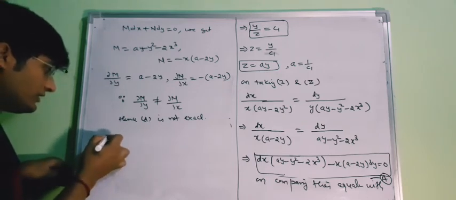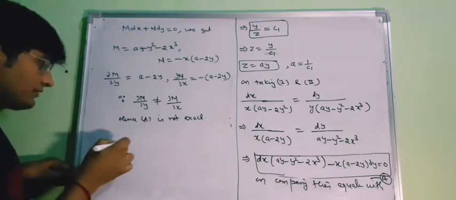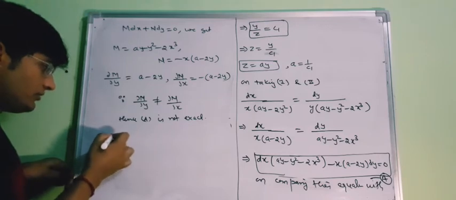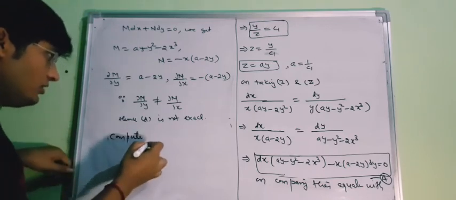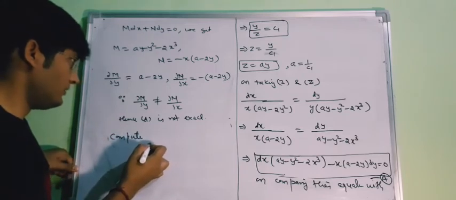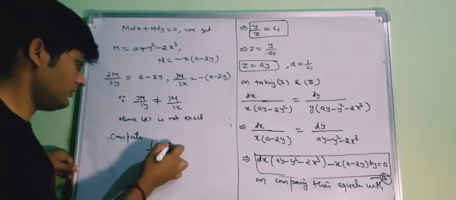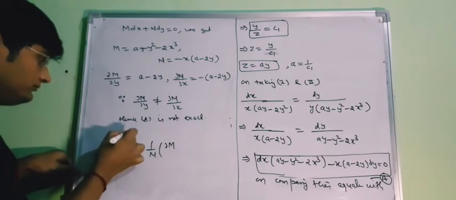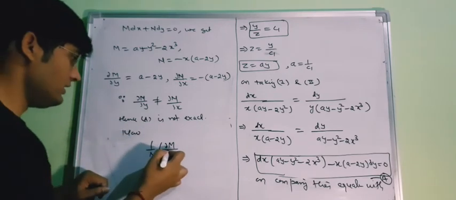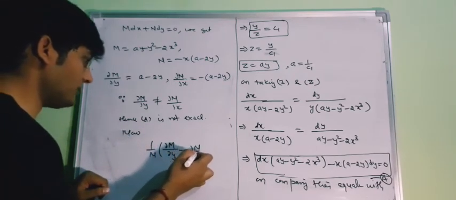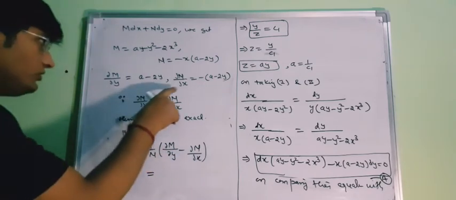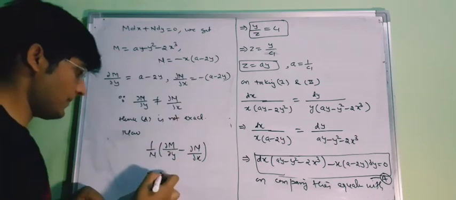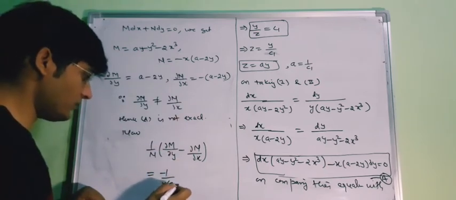Now the integrating factor in this case will be, first of all compute 1 upon N times (del M upon del y minus del N upon del x). What is this? Here your N is minus 1 upon x, (a minus 2y).